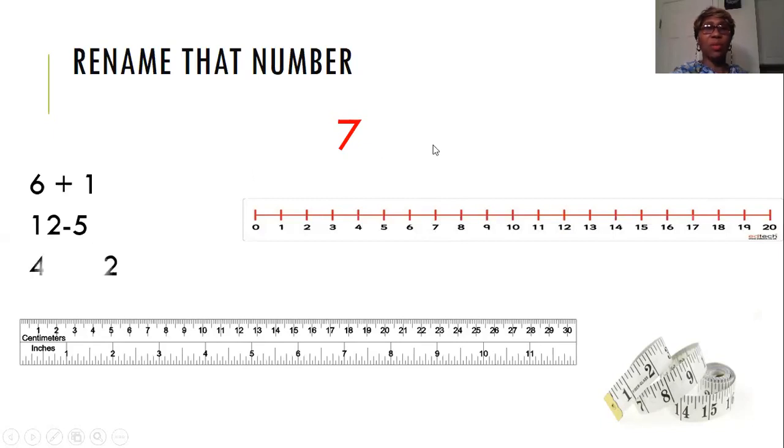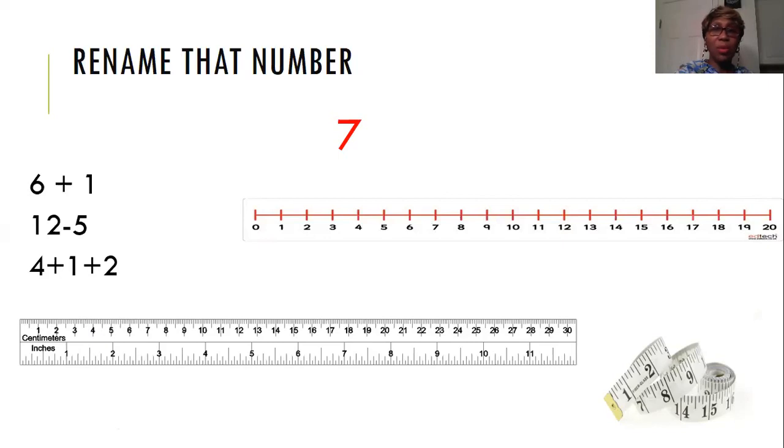What is another way that we can rename that number 7? 4 plus 1 plus 2. How many numbers is that? That's 3 numbers. Let's see. Let's use this ruler for that. We start at 4. We said plus 1. Plus 1, we're going to hop what? 1 time. That's going to give us 5.